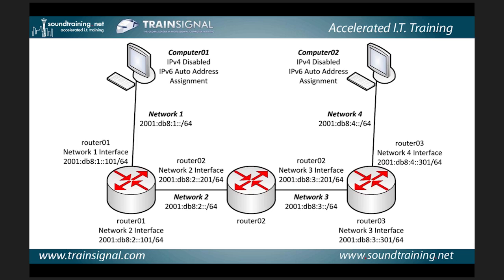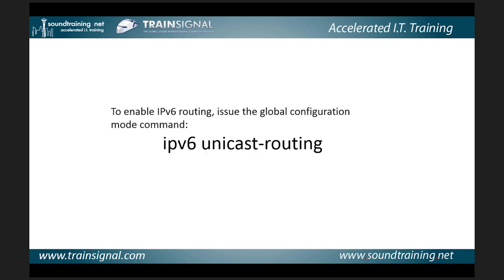And I've already configured router 1 and router 3 with static routes and routing protocols, but router 2 doesn't have those, and so those things will be implemented on router 2, and you'll see them as they come online. So let's get started with some of the demonstrations and some of the background in how to do this. First of all, in order to enable IPv6 routing, you have to use the global configuration mode command IPv6 unicast-routing.